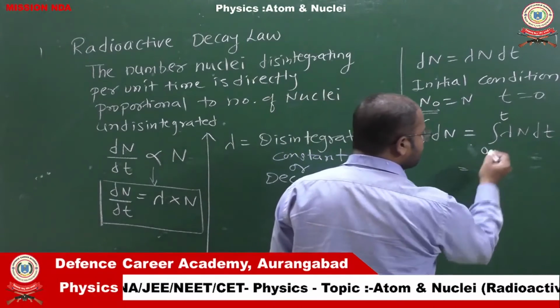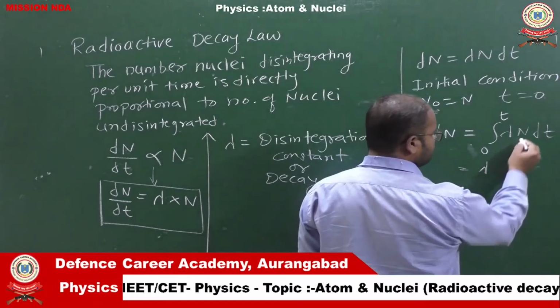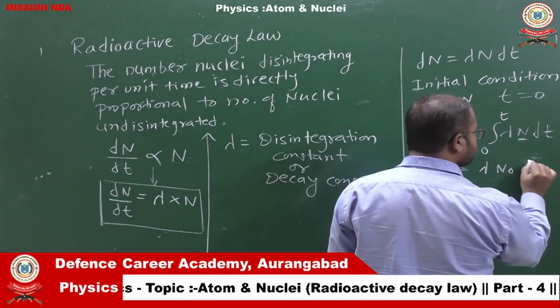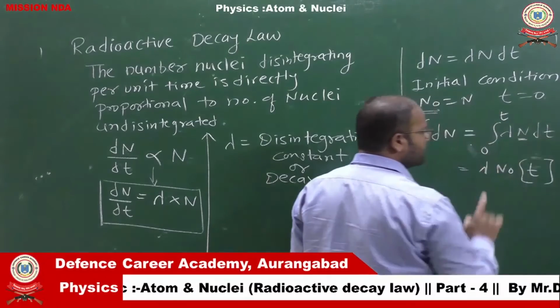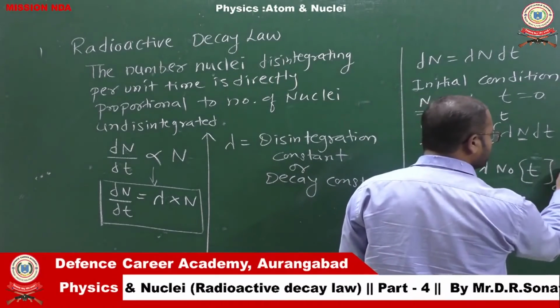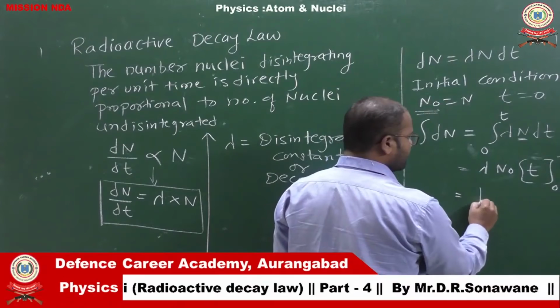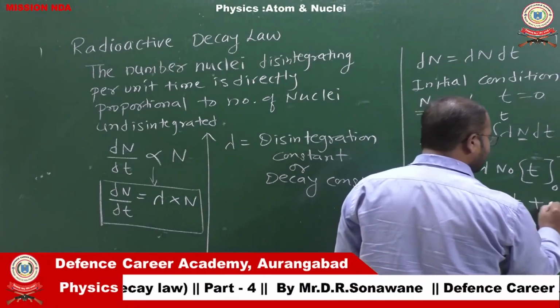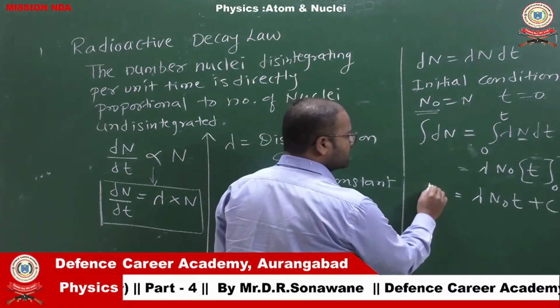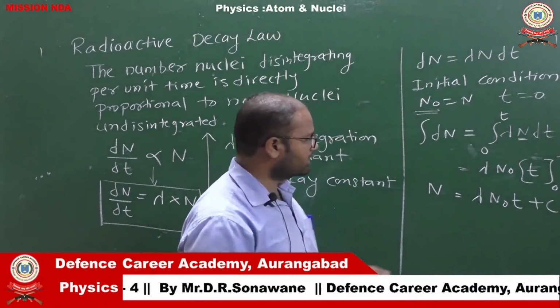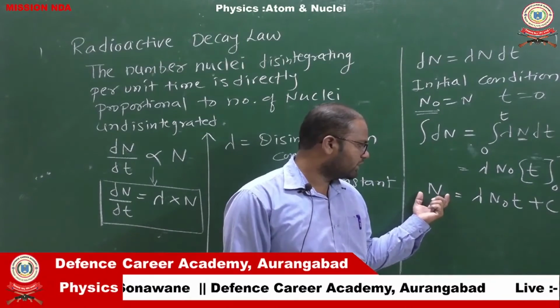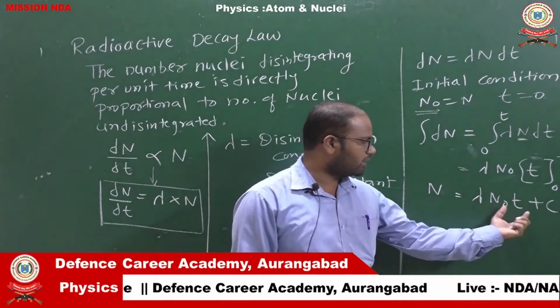If we integrate this, N is replaced by N naught, and the integration of dt is t, with time from 0 to t. So the equation becomes lambda N naught t plus c. This equation shows that the number of nuclei unchanged is equal to lambda N naught t plus c.